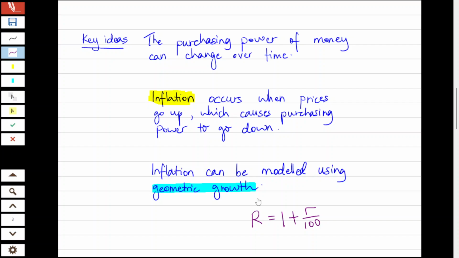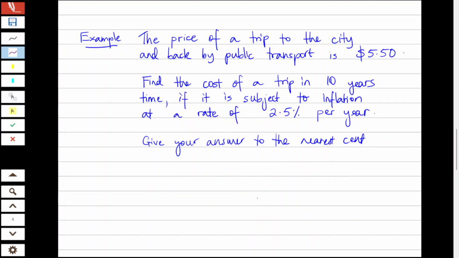All right, let's do an example. So I know I've just given you a lot of text all at once, so I'll highlight the key points. Let's imagine we're going to take a trip to the city. Maybe you're going to stop by Lynbrook train station, and when you're over 18 and you're not studying, it costs more.